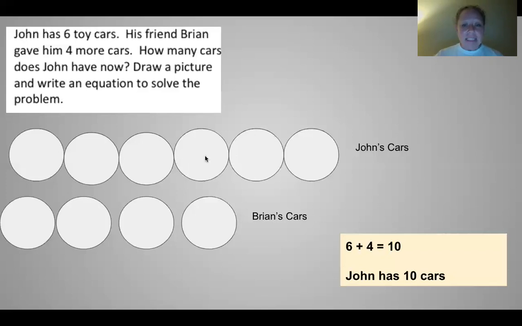I added 6 plus 4, and when I counted that all together, that equals 10. Down here in the bottom of the screen, you can see my equation. Let's read the equation together. 6 plus 4 equals 10. And the sentence says, John has 10 cars. Nice job.